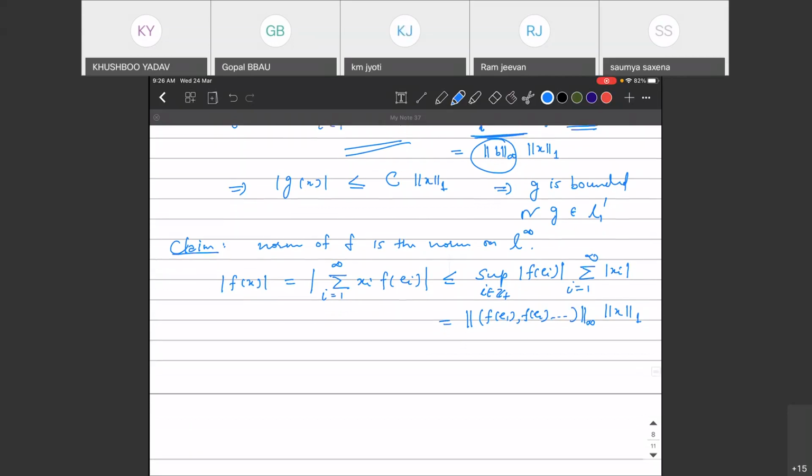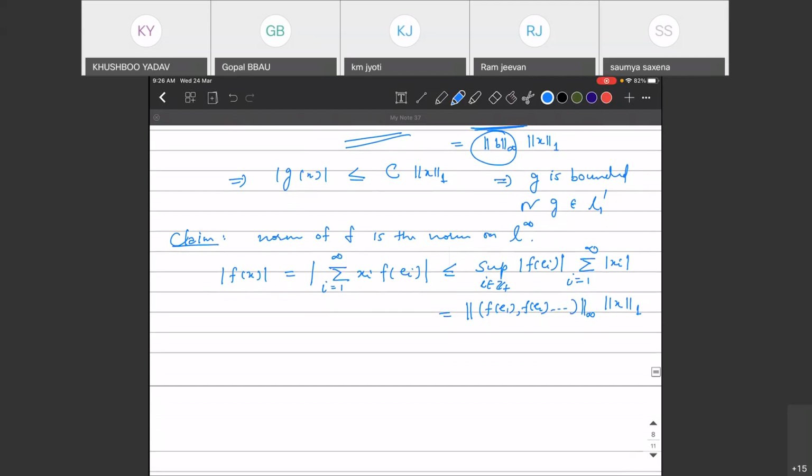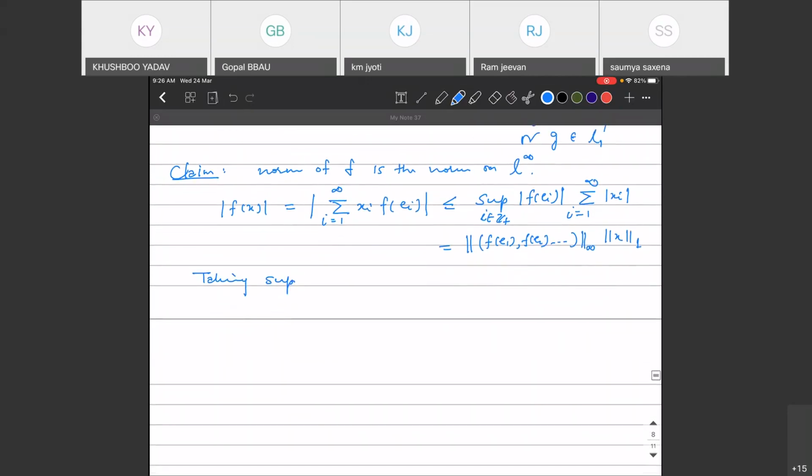Okay. Now take the supremum over all x. These e_i are fixed, so you have a fixed basis. So take supremum on both sides. First you should know what is the norm of f. Norm of f is the supremum of all mod fx such that x in X and norm x equal to 1.